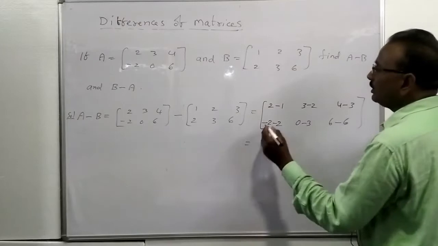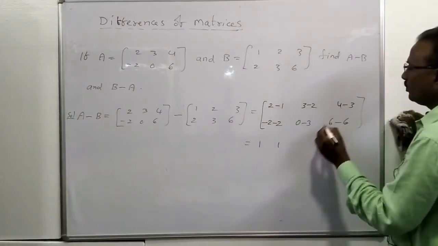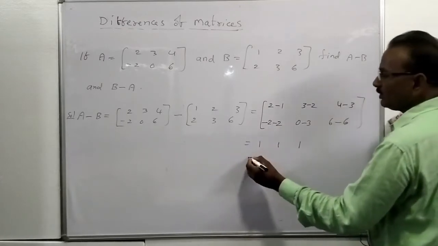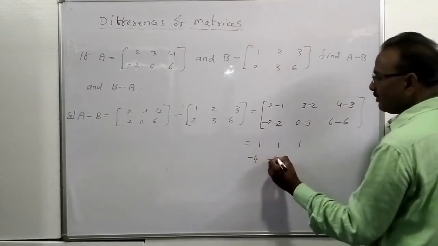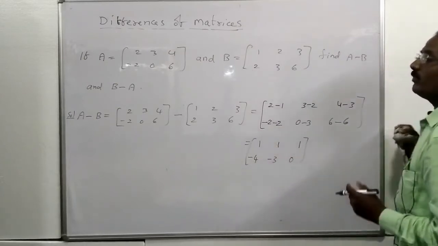So that is 2 minus 1 is 1, 3 minus 2 is 1, 4 minus 3 is 1, minus 2 minus 2 is minus 4, 0 minus 3 is minus 3, 6 minus 6 is 0. So this is the matrix of A minus B.